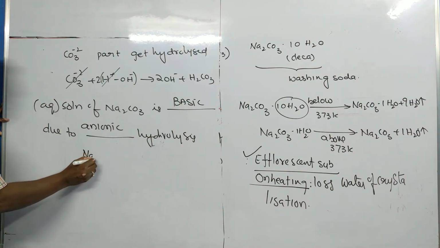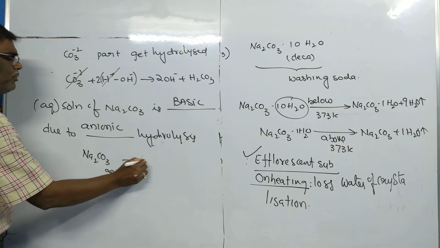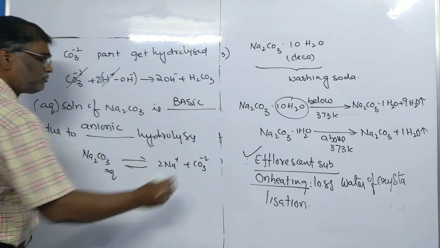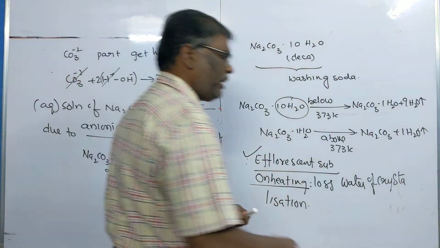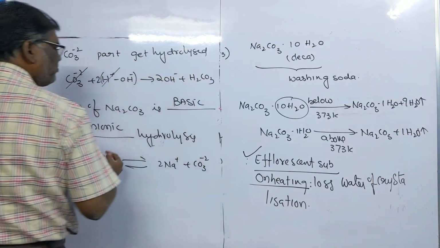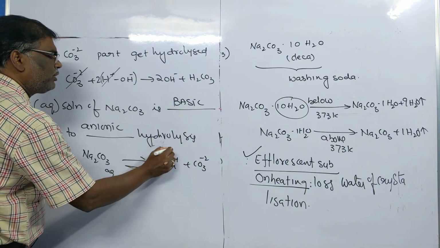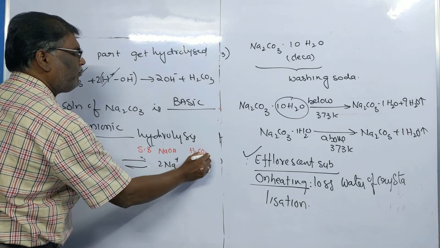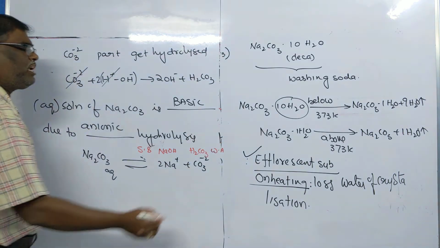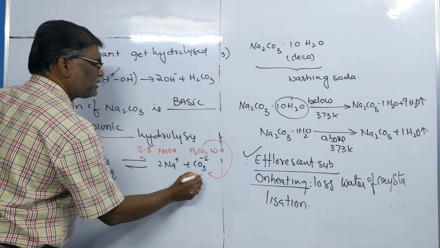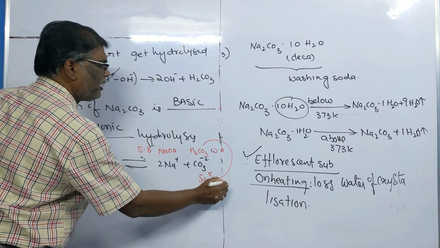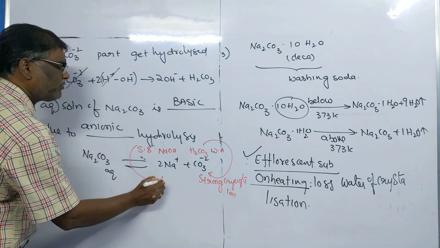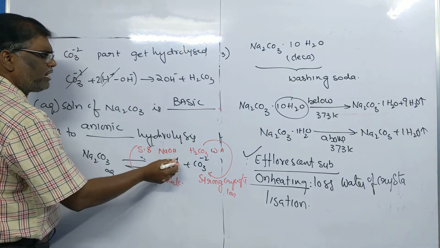For what reason? Sodium carbonate ionizes into Na plus ions and carbonate ions. Na plus is formed from a strong base, whereas carbonate is formed from a weak acid. Weak acid has a strong conjugate base, whereas strong base has a weak conjugate acid.